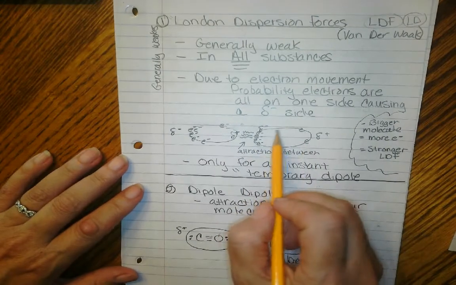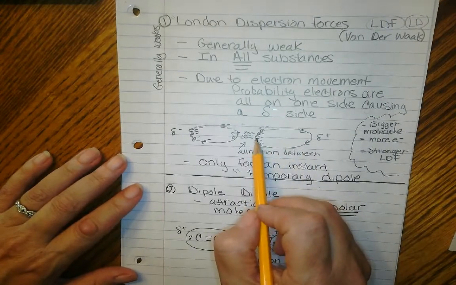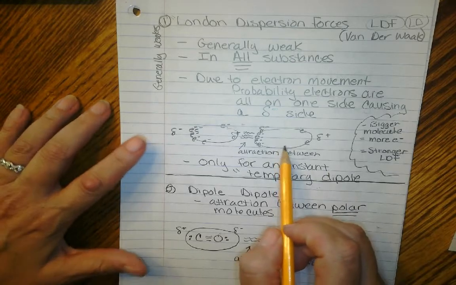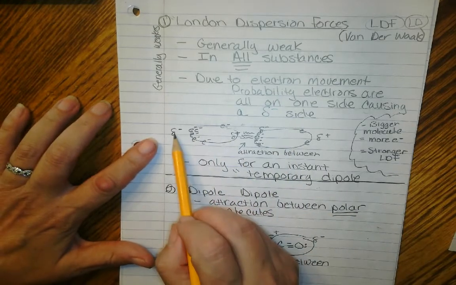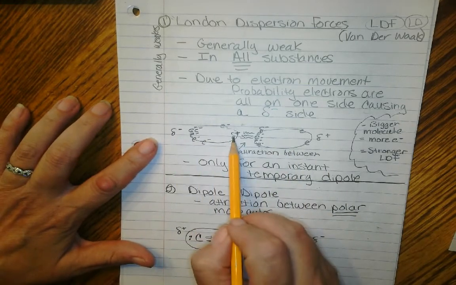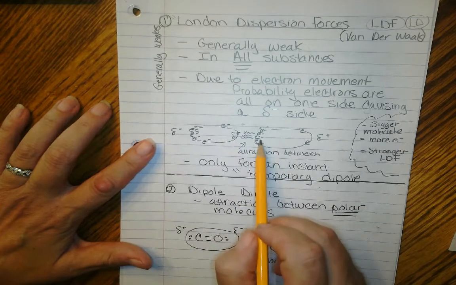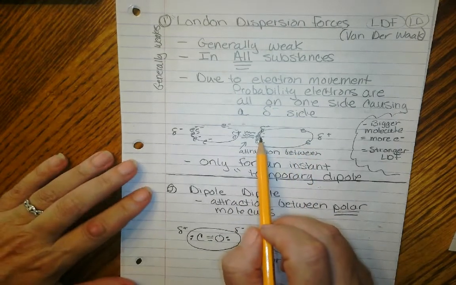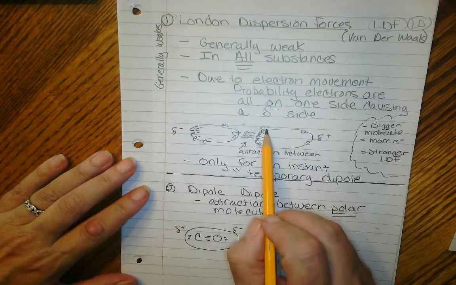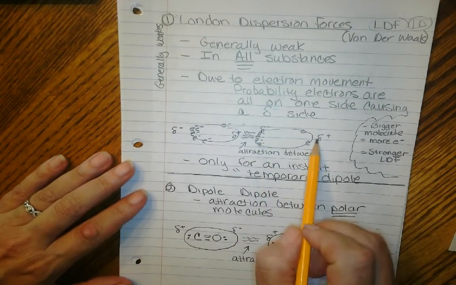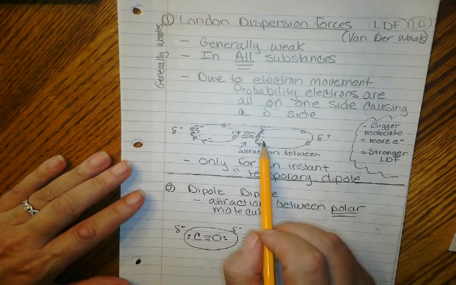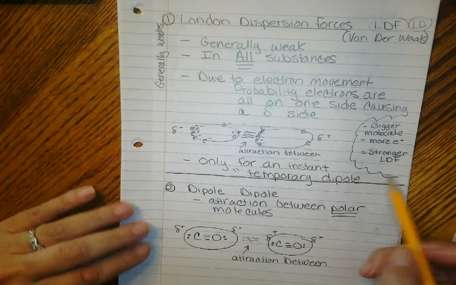But there's a probability that several of them will be here at one time, which would cause a temporary pull on that molecule. So temporarily, this would be negative and that would be positive. And it would attract another molecule that normally doesn't have a pull, but for a moment, it would have a negative and a positive. Why? Because those electrons are whizzing around, and for a brief second, there is a probability they might be clumped up, okay?